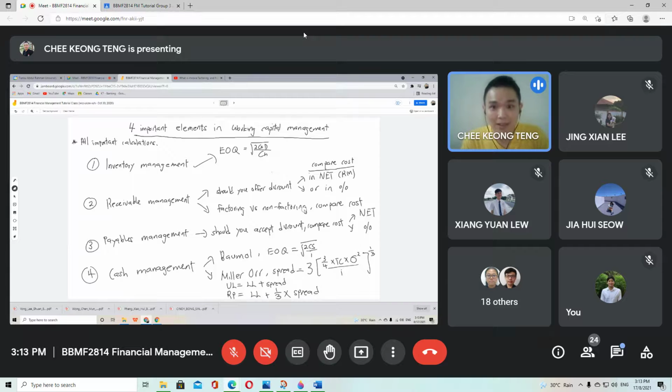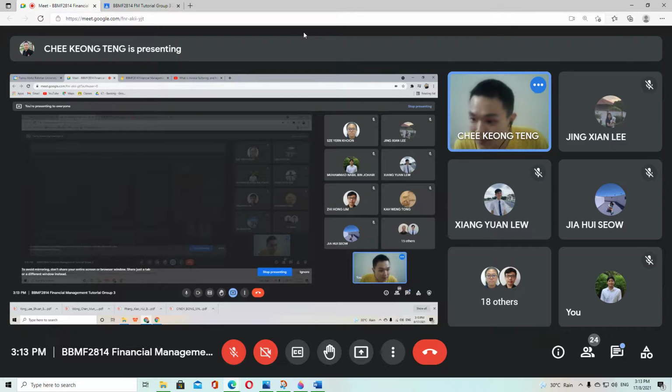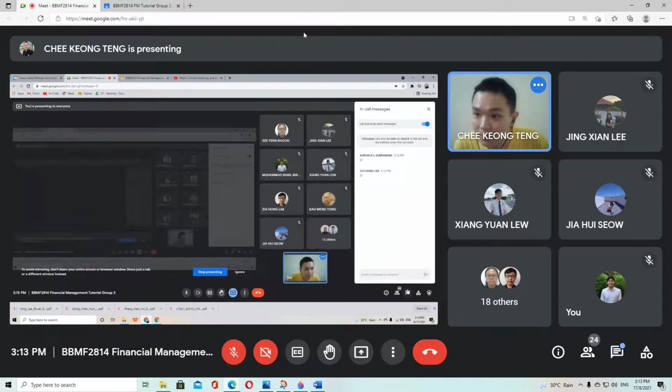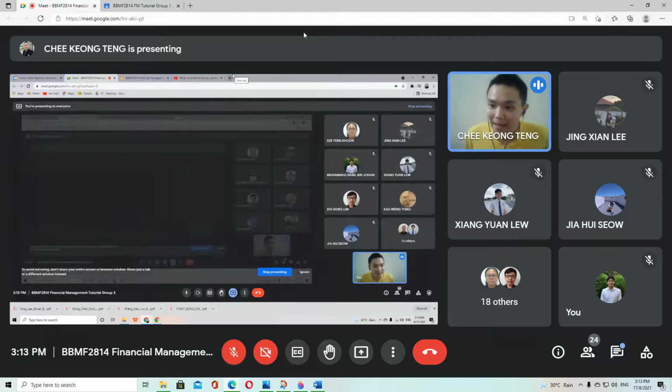EOQ, I think yes. But how about factoring versus non-factoring, the calculation to compare the cost? Should be in your principles of finance.